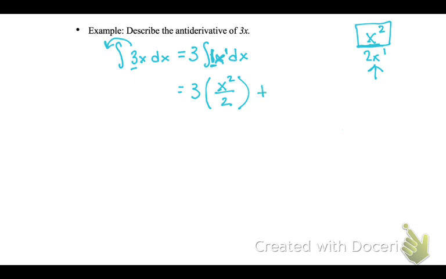And then plus c. So then I have 3/2 x squared plus c. And this is the what solution? General. It's important you know that because your directions are going to say find the general solution, find the specific solution. So you need to know.